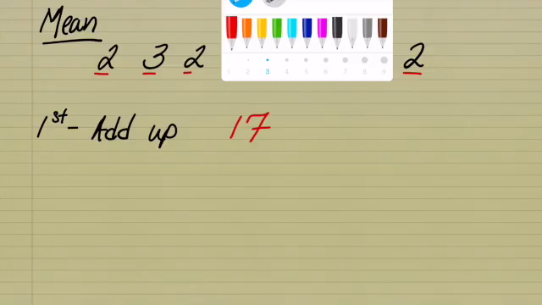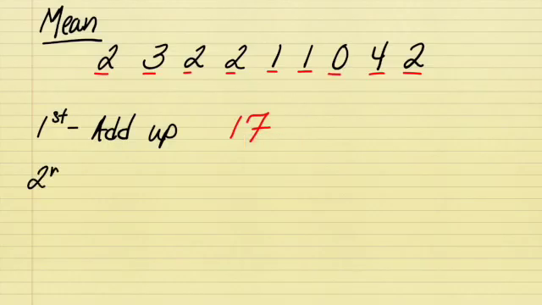The second thing that we have to do then is divide. Divide that number by how many numbers we counted, okay? So if I go back, I have 1, 2, 3, 4, 5, 6, 7, 8, 9 numbers.